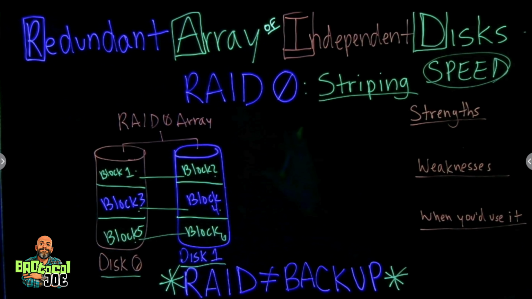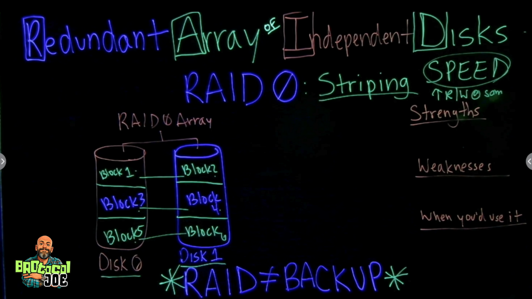This is just one overall block of data, but RAID 0 distributes it amongst these two drives. Now both drives can read and write at the same time, and that is where the speed comes from.